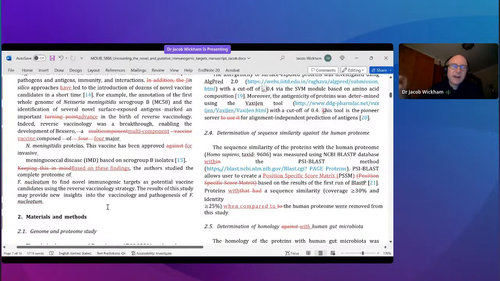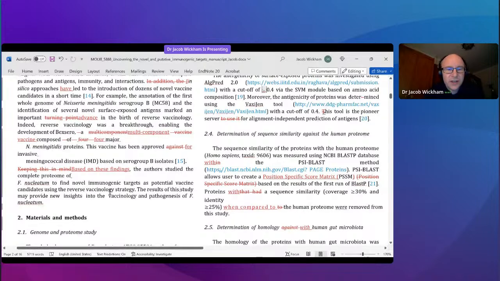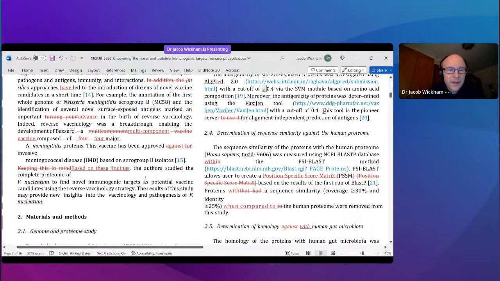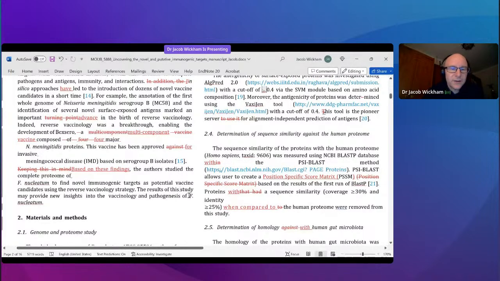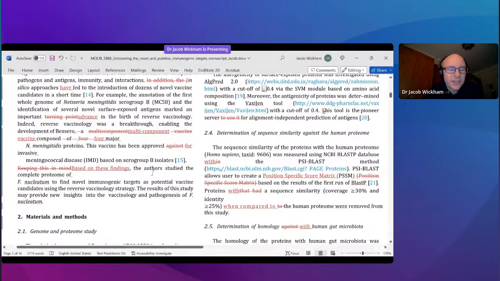They're looking at target areas of the bacteria for developing vaccines using this reverse vaccinology strategy. And as in your conclusions in the abstract, you want to state the significance of your study, which is also done here at the end of the introduction. The last sentence reads, "The results of this study may provide new insights into the vaccinology and pathogenesis of this Fusobacterium nucleatum."